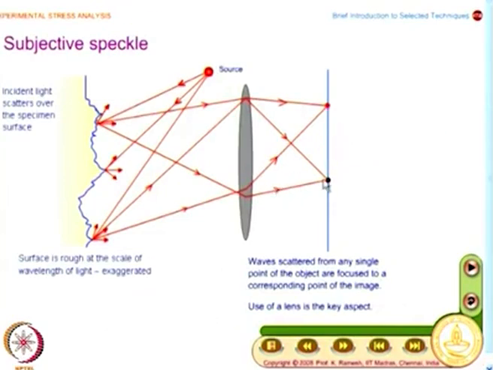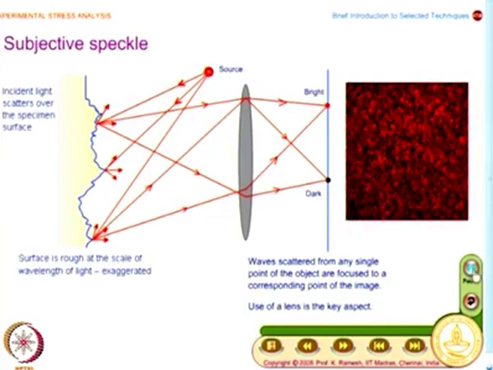And now, I said that objective speckle was difficult to observe and subjective speckle is nice to see, and if I have a film, I will have the speckle beautifully formed here.